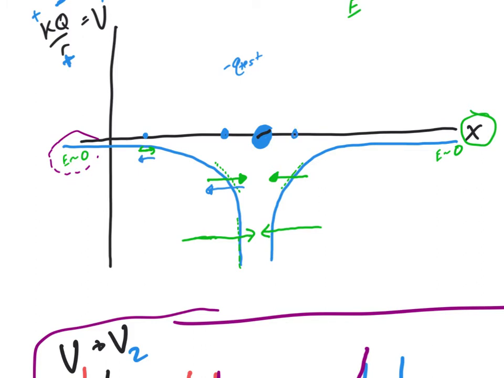Over here, it's going to be pushed away, but now away is to the right. And if I put it way over here, it could be so far away that we can't really read how strong the force is. So effectively zero. All right.